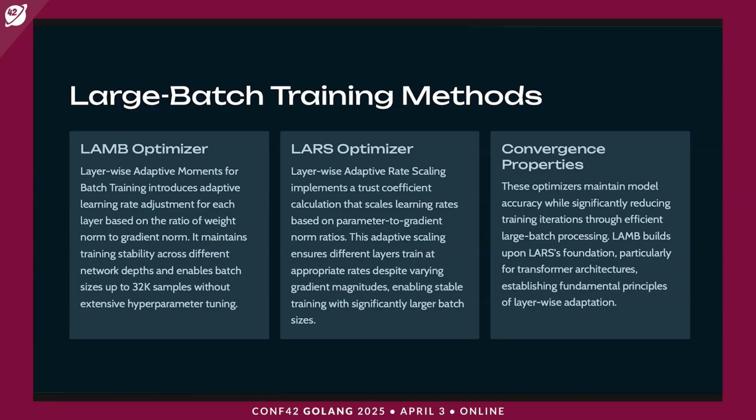And then LAMB builds on that with added adaptivity for deep models like transformers. So LAMB is specifically there to help with transformer type models. These optimizers make training with 32,000 plus batch size practical without losing accuracy or spending weeks on tuning, frankly. So they are key to keeping training stable at scale.